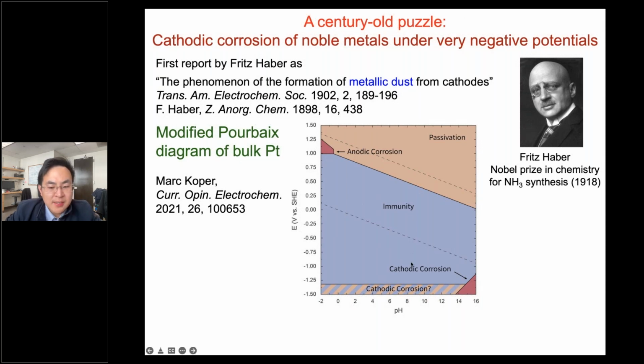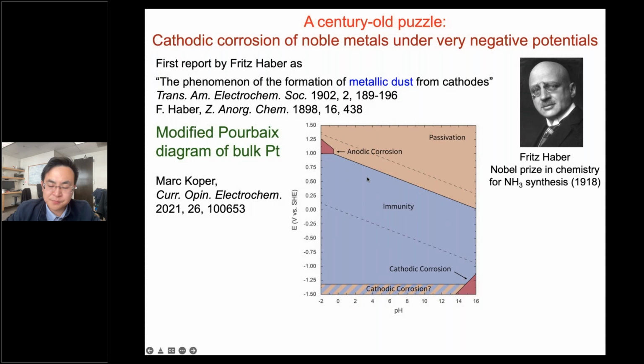Here we are seeing a modified Pourbaix diagram, showing the thermodynamic stability of one metal, in this case platinum, as a function of potential and pH. The reason platinum is a noble metal is that it is in its immune region. It is very stable; platinum is happy being here.